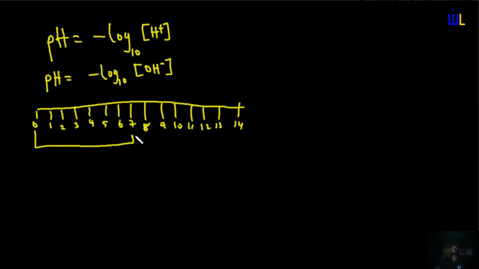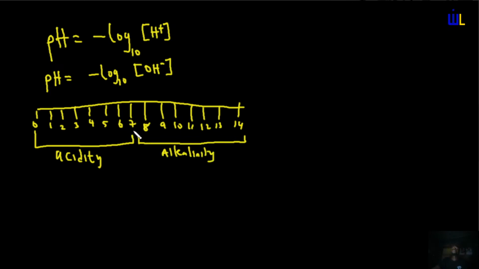From 0 to below 7, you have a pH that indicates acidity. I presume we know these things. Then from above 7 to 14, it indicates alkalinity.